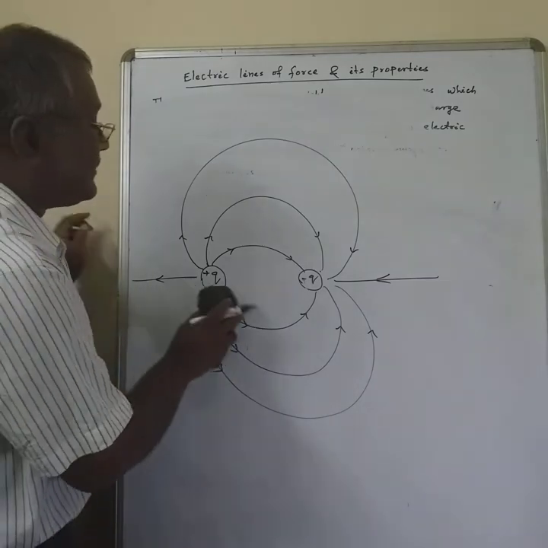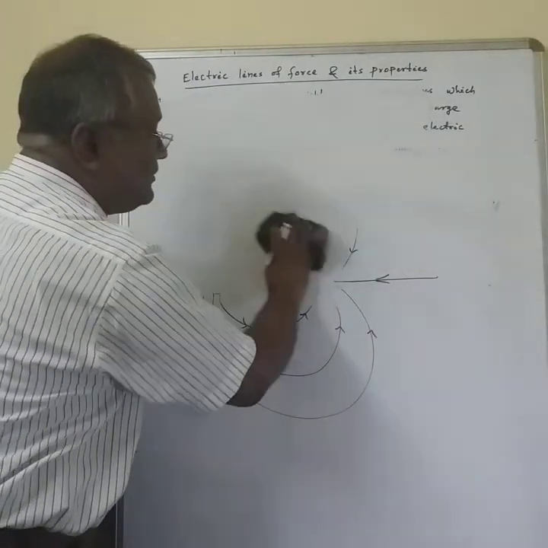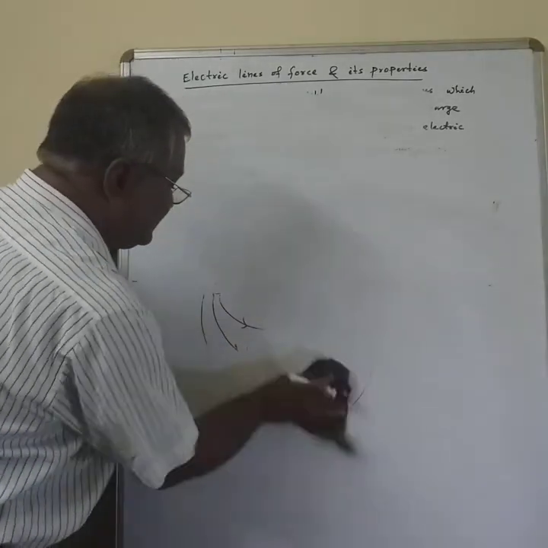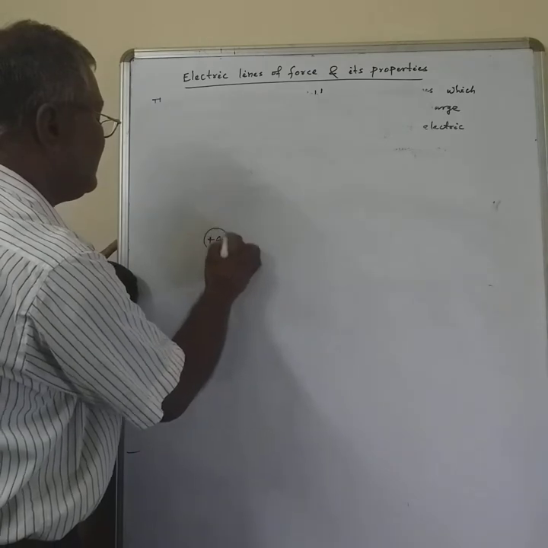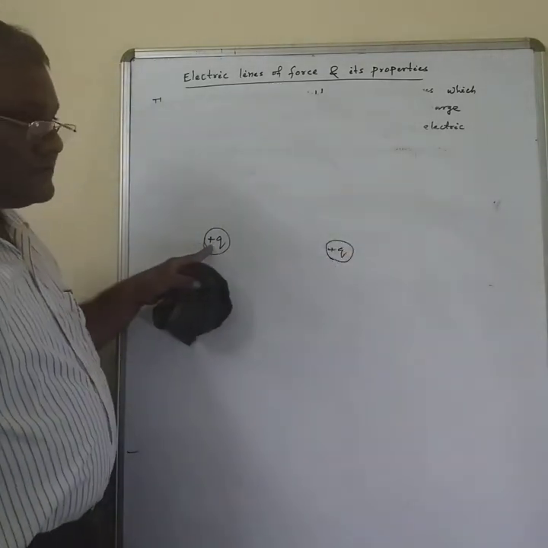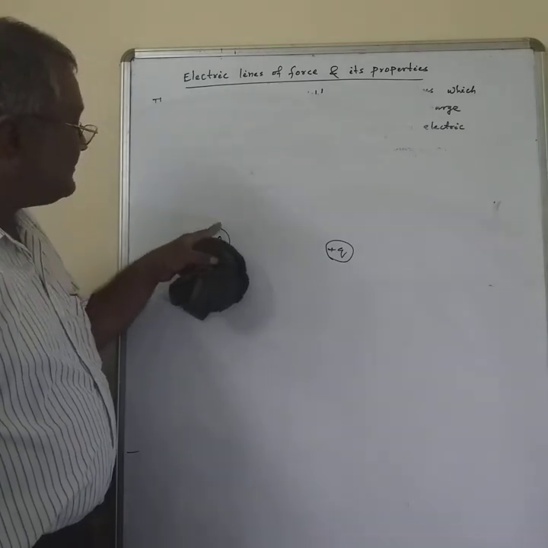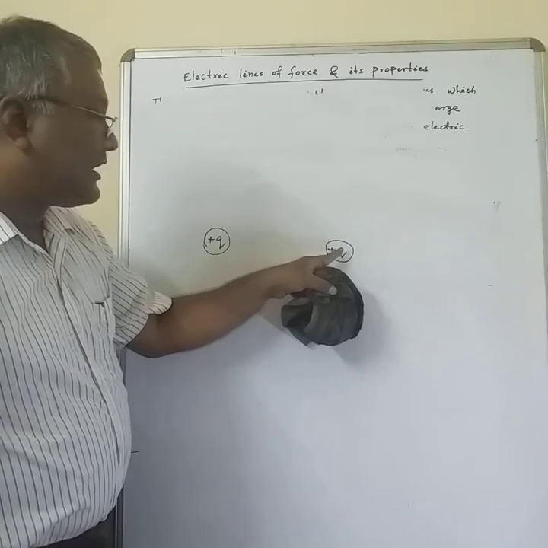If it is plus and plus, how will it be? The next part is how to draw electric field lines due to plus Q and plus Q charges. Here the electric field lines will be directed away from this charge, and here also they will be directed away from this one.